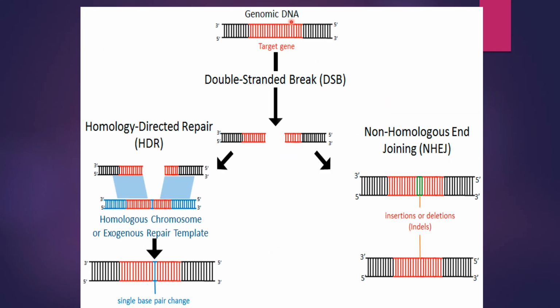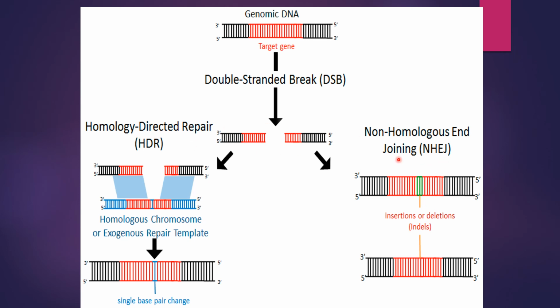In genomic DNA, when the target gene has some mismatch, it has to be repaired. There are double strand breaks, meaning not only one side, both of the strands are broken down, and two methods are followed.